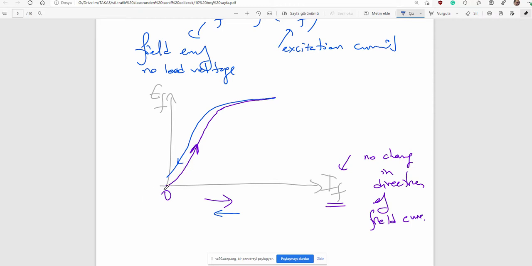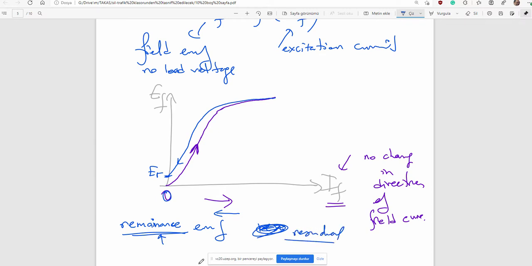It returns on another path. There is hysteresis. The EMF when there is no field current is the remanence EMF, the remaining voltage. Someone can say residual, but I prefer remanence.